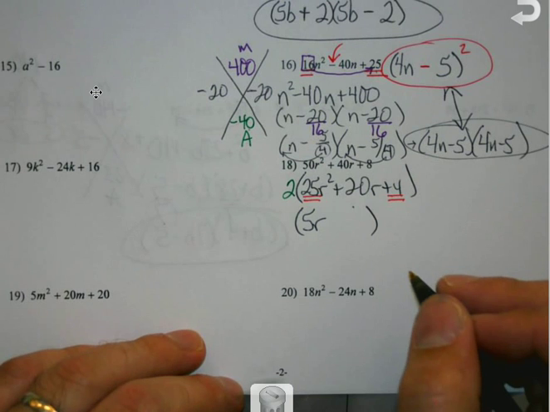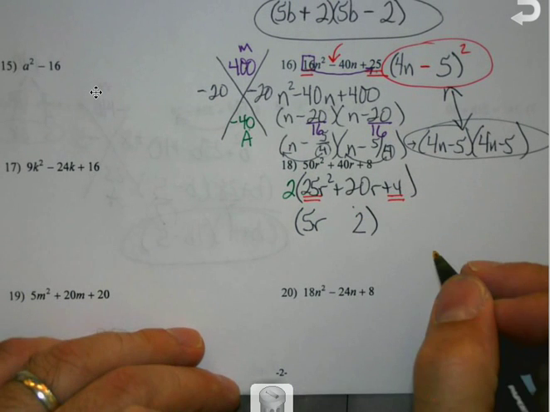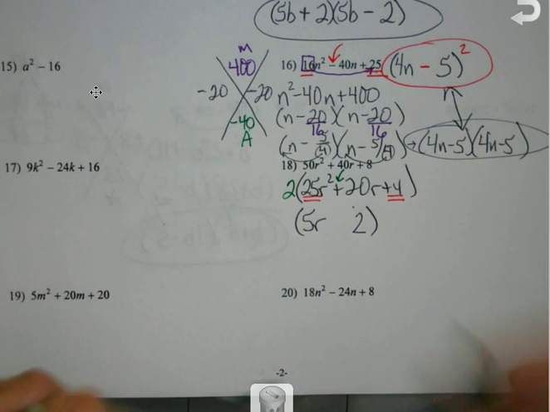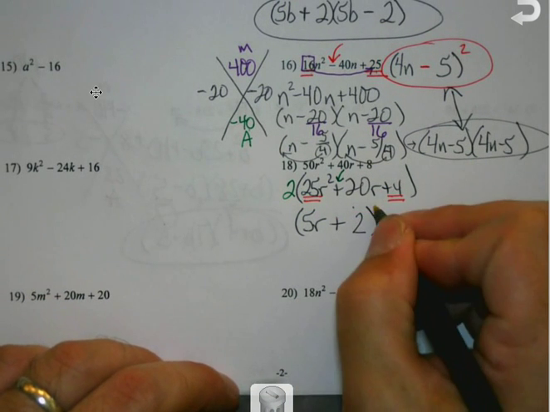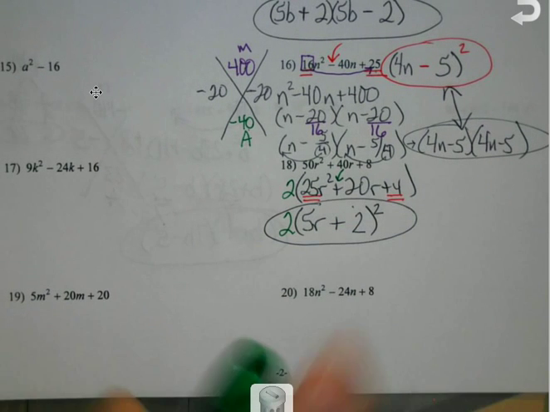Don't forget my r, of course. What do I square to get 4? 2. Look at my sign in the middle. Plus. I squared, and then my last little detail. Got to remember to bring down that 2 I pulled out.